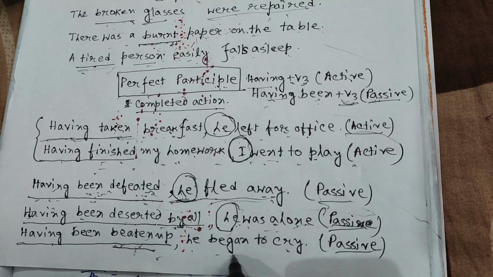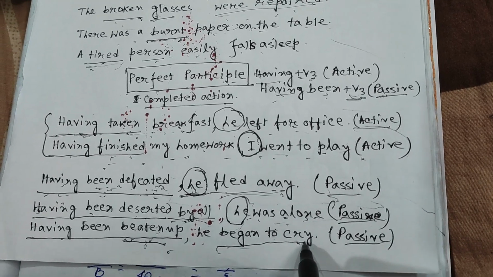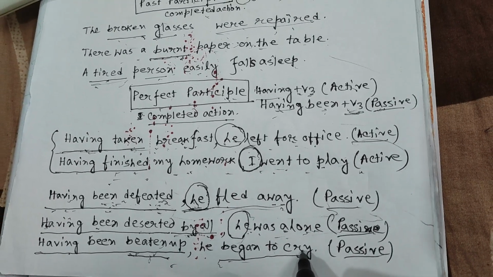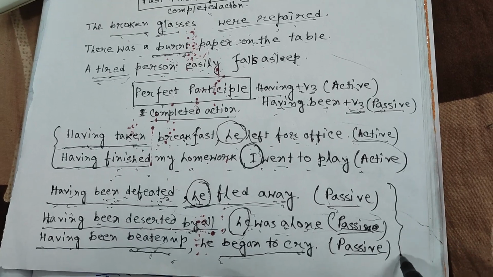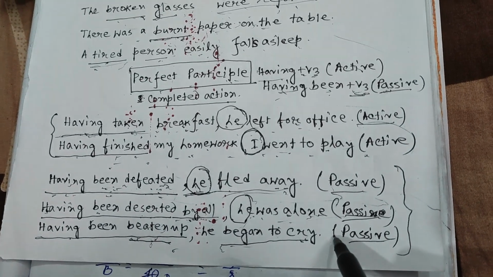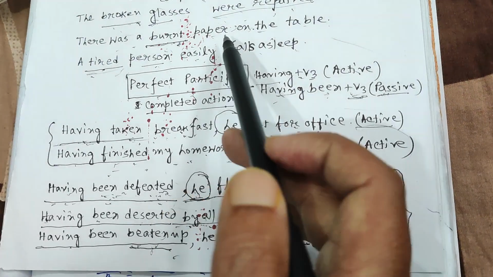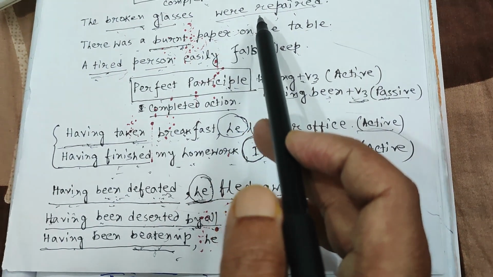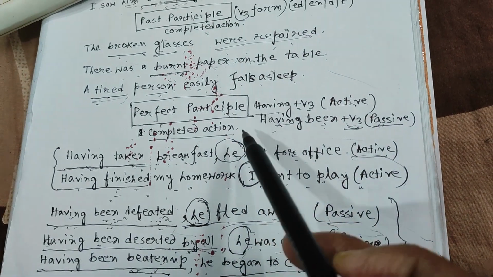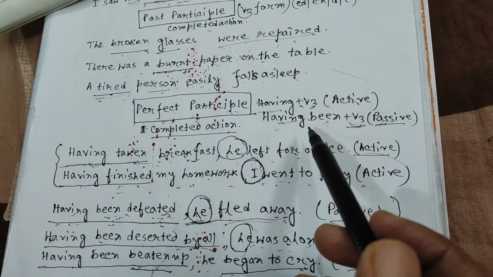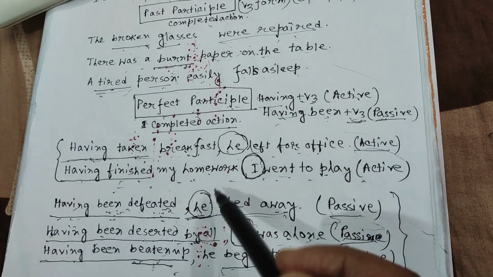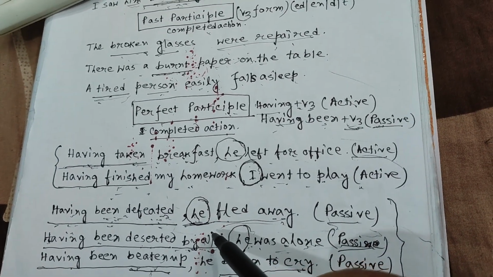Thereafter, he began to cry. So this is also an example of completed action. Just as in past participle also, you have noticed completed action, and thereafter another action was done. And this is also an example of completed action.